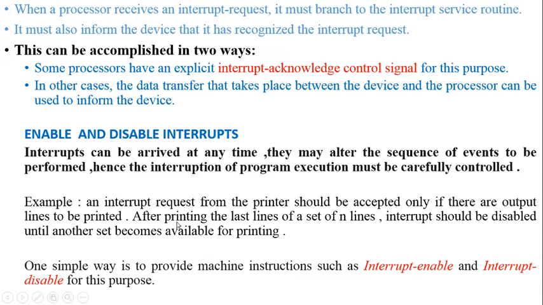Whenever the data generated by the processor is completely printed and the printer becomes free, the printer again sends an interrupt signal to indicate that it is ready to accept a new set of data for printing.